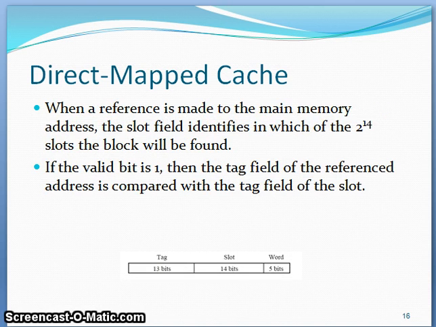When a reference is made to a main memory address, the slot field identifies in which of the 2 to the power 14 slots the block will be found. If the valid bit is 1, then the tag field of the referenced address is compared with the tag field of the slot.